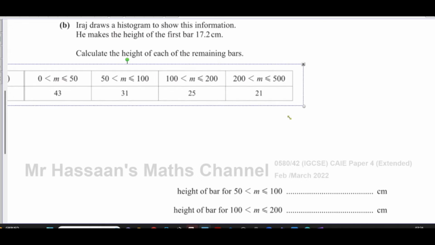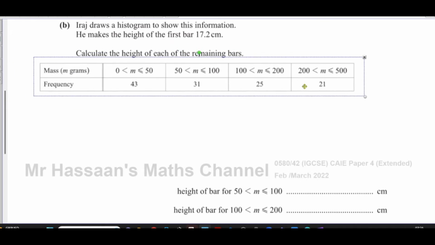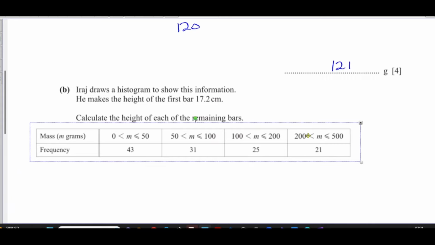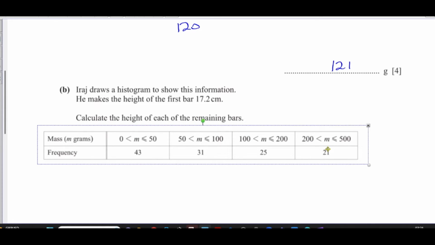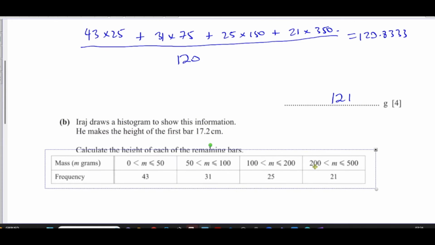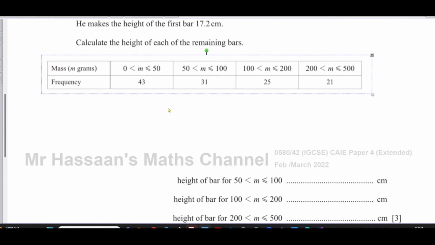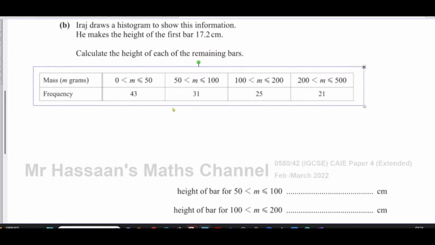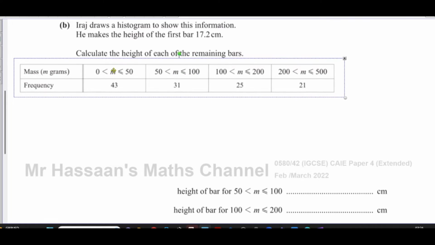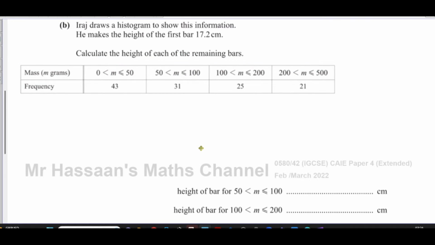Okay, this should help us now to figure out what to do here.